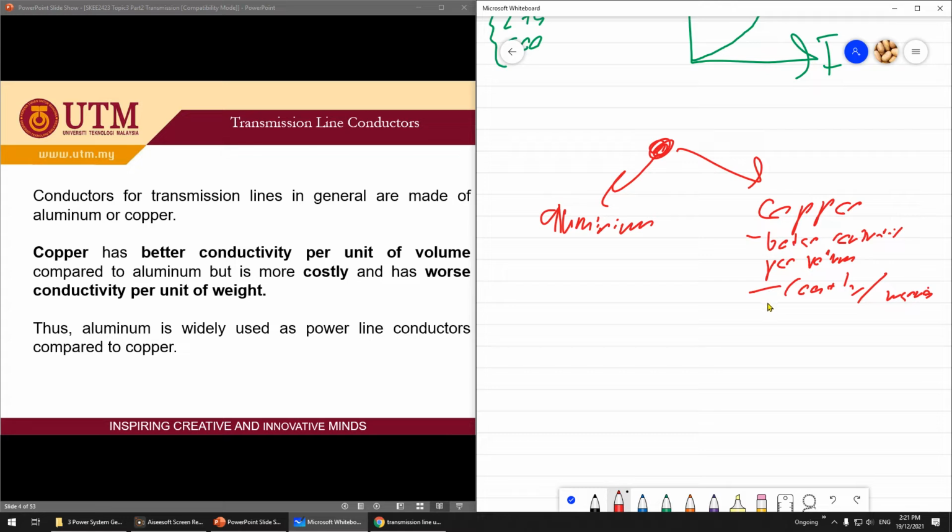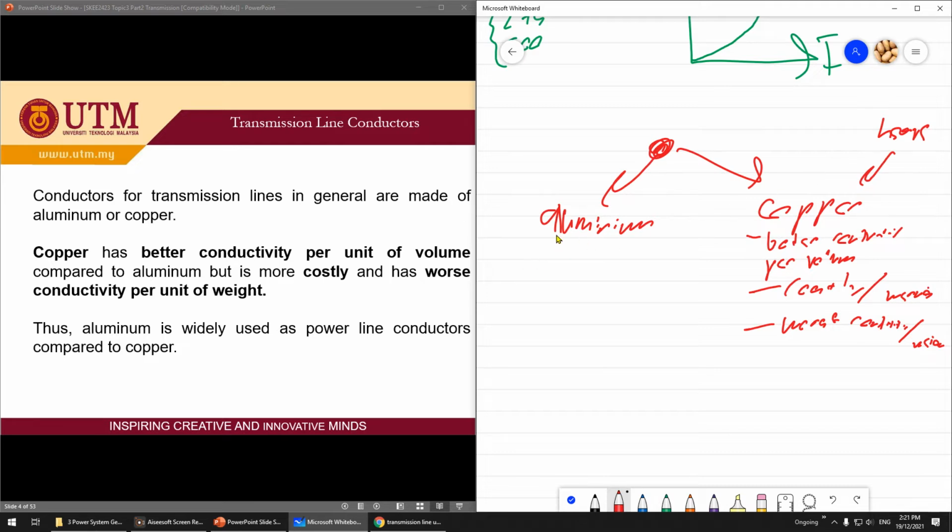Copper has worse conductivity per weight. It has better conductivity per volume, but not better conductivity per weight. So basically it is heavy, much heavier compared to aluminium.